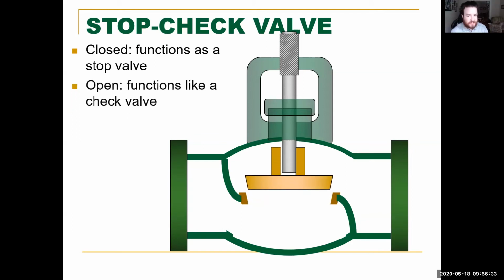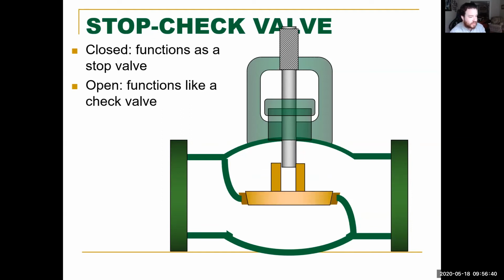So stop check valves. They function as stop valves, and when they're open, they function like a check valve. The reason for that is because these two pieces are not physically attached to each other.